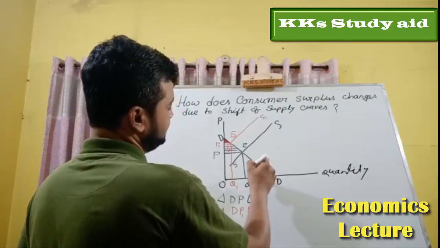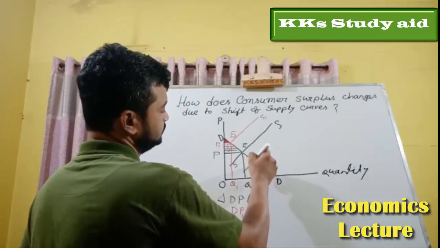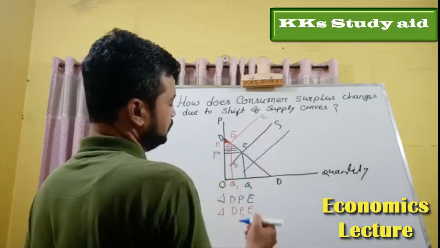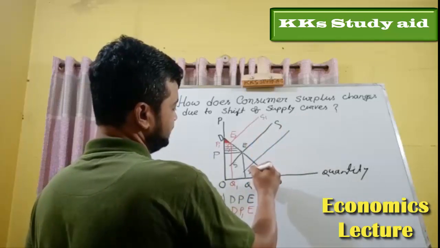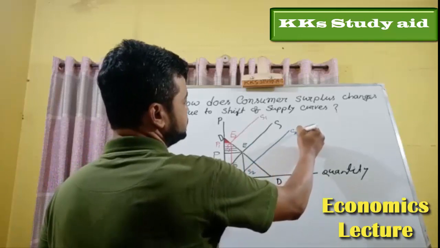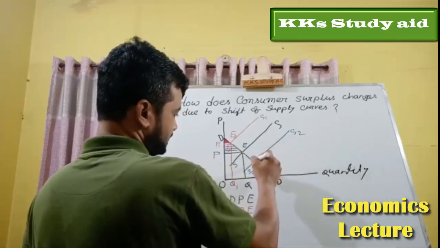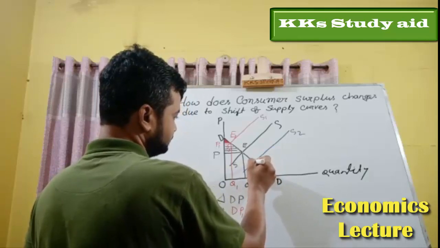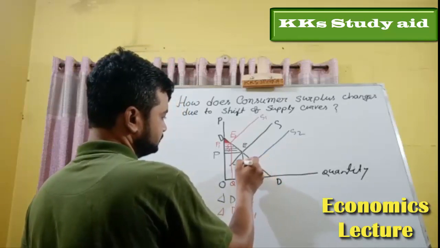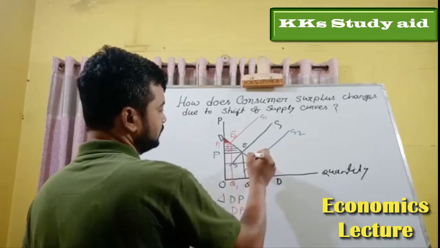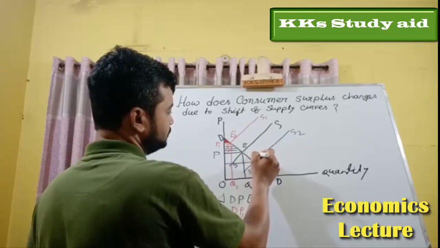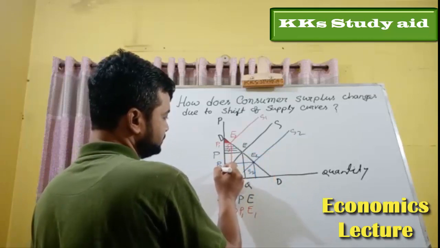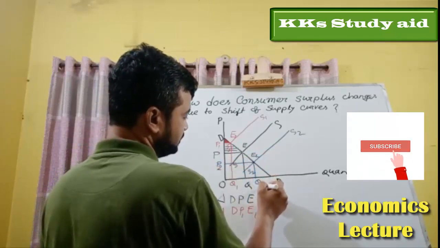Now think that the supply curve goes downwards and it becomes S2. We get another equilibrium point here and it will be E2, and it relates the price P2 and quantity Q2.